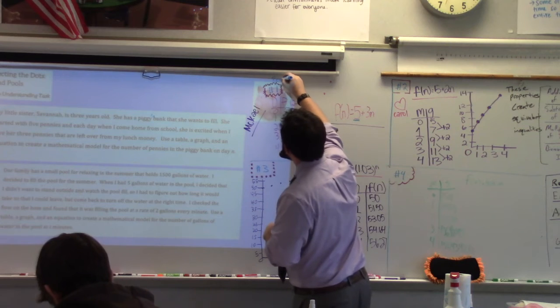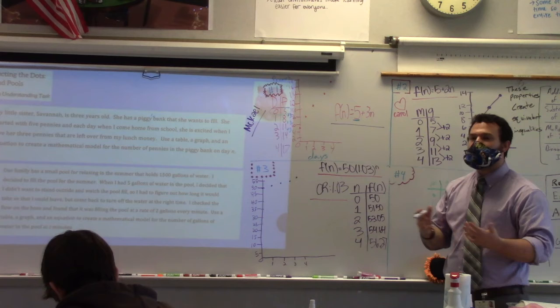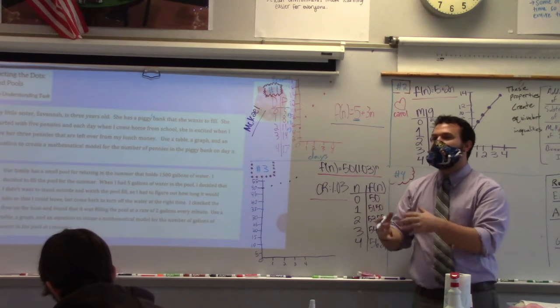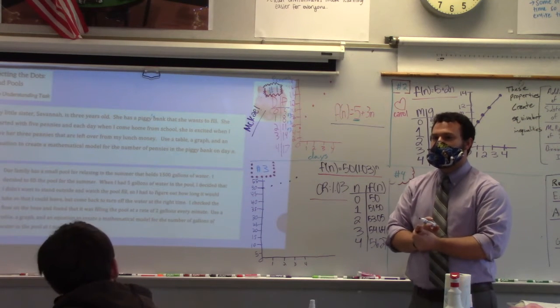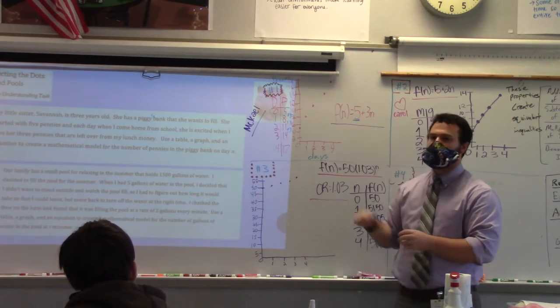What am I including? I forgot the labels. Labels for the axes. Anytime you are making a graph for a real-world scenario, label your axes. You need to indicate what these numbers are representing.